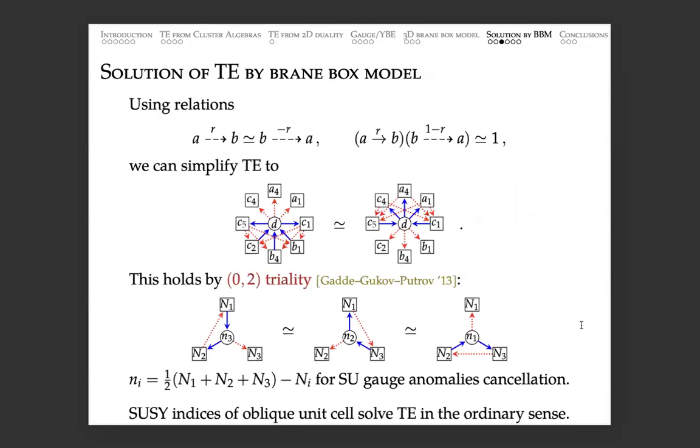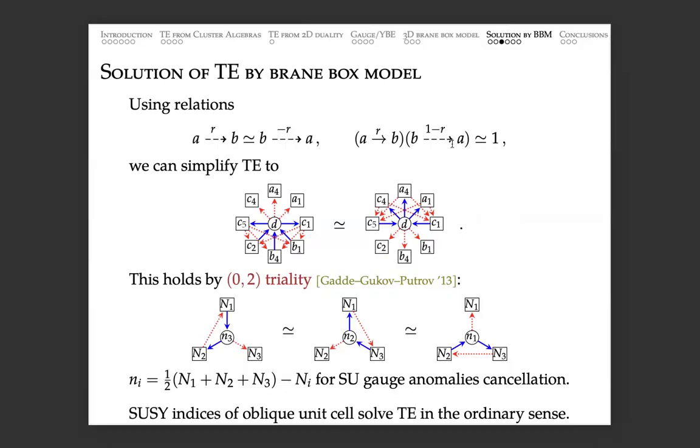This is true because of something called (0,2) triality. You can use some relations like the one on the left, one on the right on the top line. For example, if you have 2 matter multiplets, one a chiral multiplet and another a Fermi multiplet with R charges R and 1 minus R, then you can turn on mass terms between them and they are gone in the infrared.